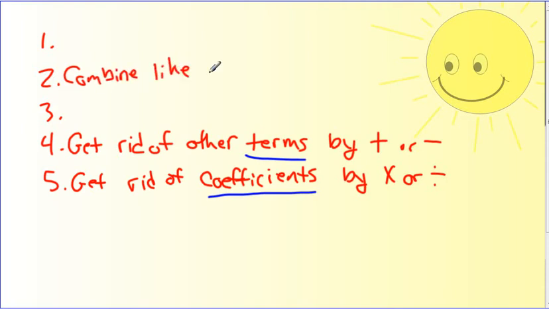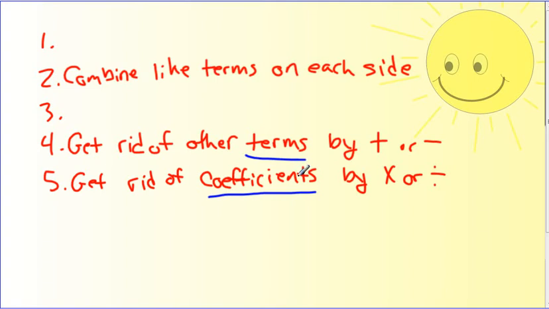So say combine like terms on each side. Okay. So we combine like terms to get the variables that have the same variable together. Then we get rid of the add and subtract. Then we get rid of the multiply and divide.